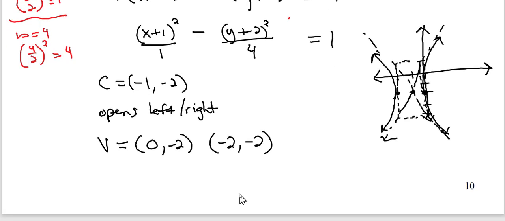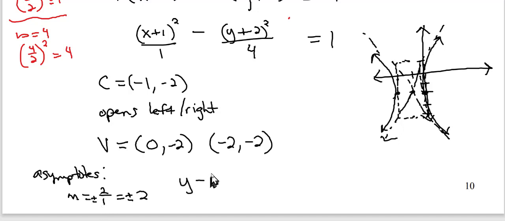The asymptotes we can probably do here. For my asymptotes, my slope will be, my rise is 2, my run is 1. So it'll be plus or minus 2 for my two asymptotes, positive 2, negative 2.